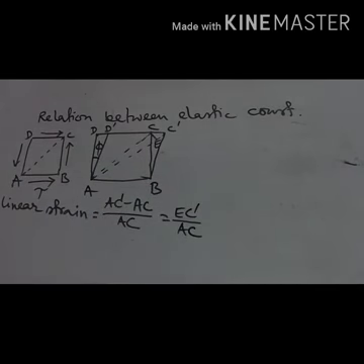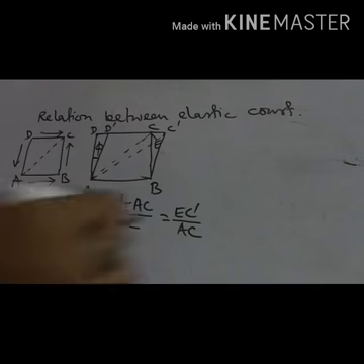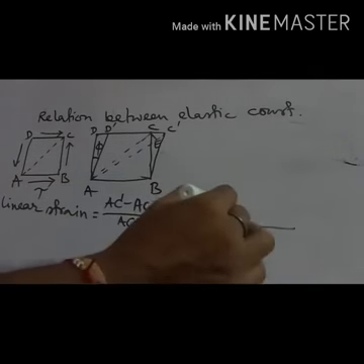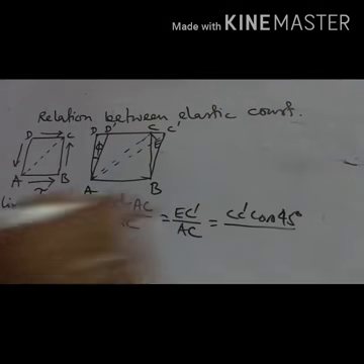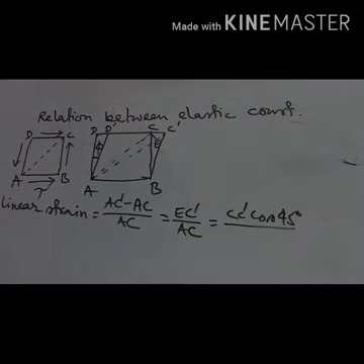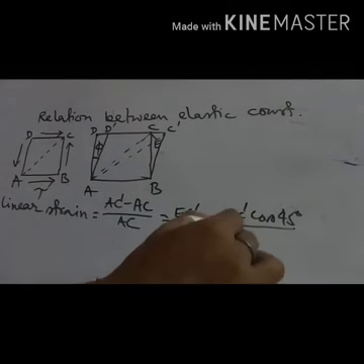From the triangle, EC prime by AC: EC prime is equal to CC prime cos 45 degree, and AC is equal to AB by cos 45 degree.